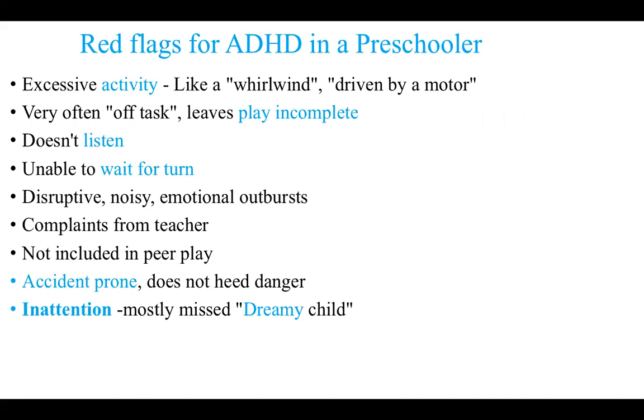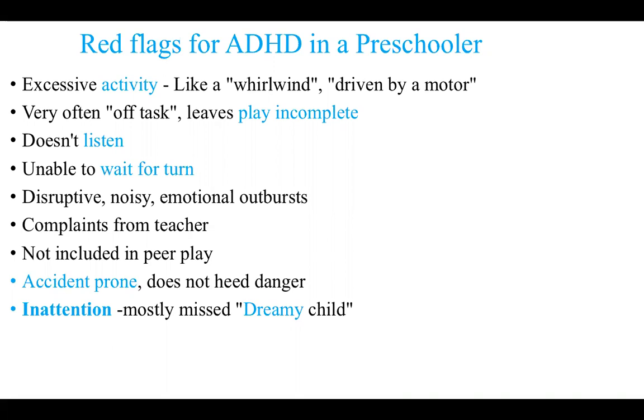Again, as I said, for a preschooler it is quite challenging to diagnose between the ages of 4 to 6 years, because children of this age are quite boisterous and noisy, and they like to play.